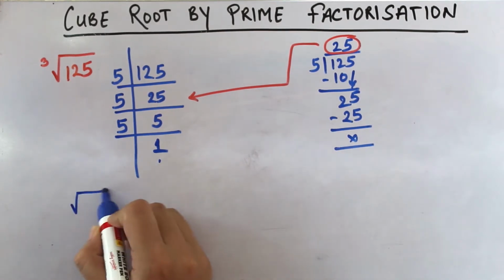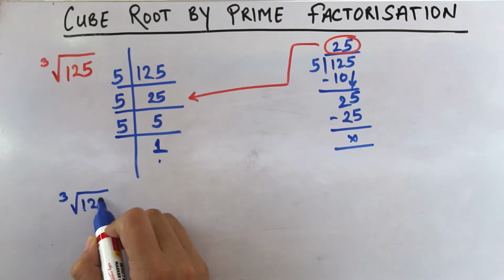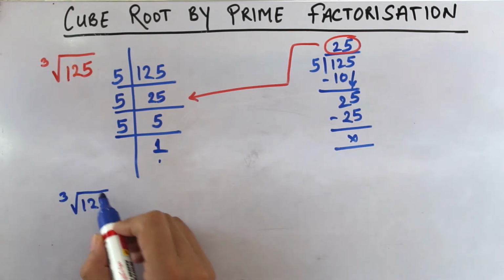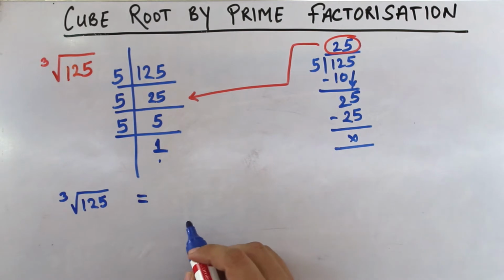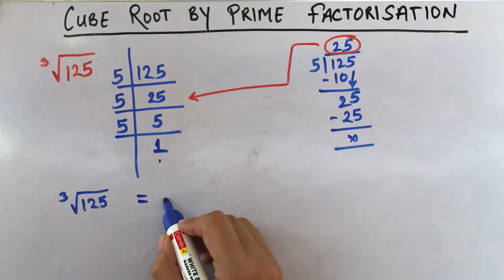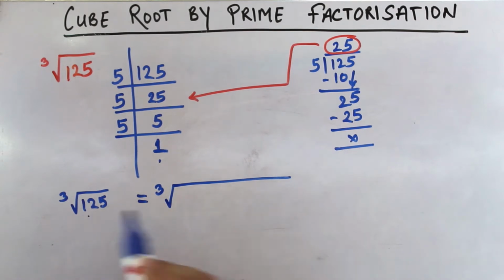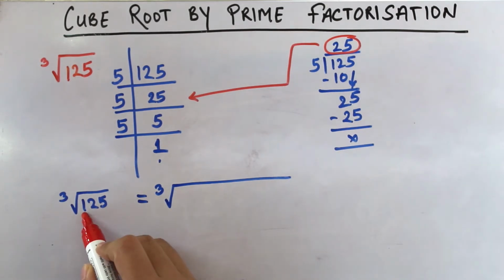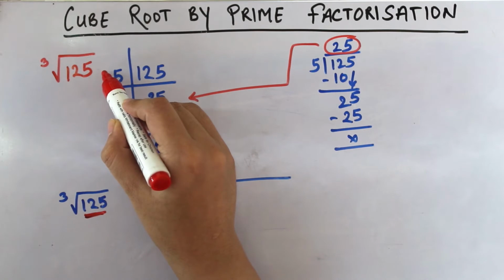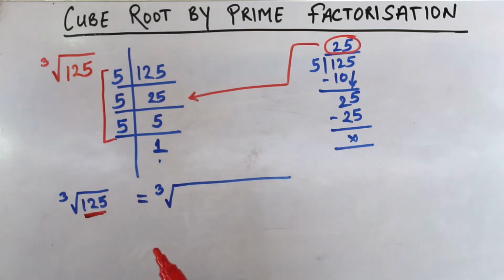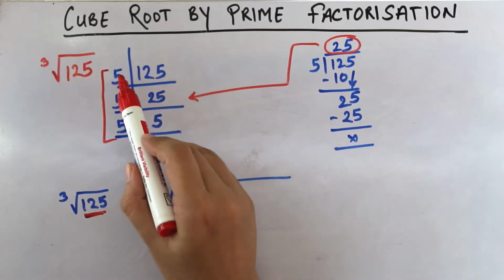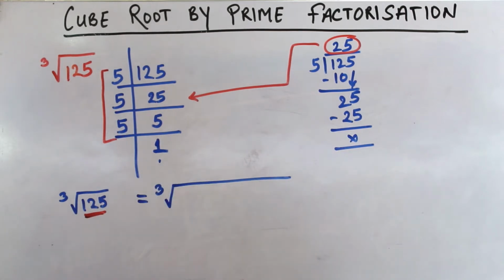So we write that the cube root of 125 is equal to, we'll put the sign of cube root. Now in place of 125 I'm going to write these factors, because 125 is equal to the product of all these factors.